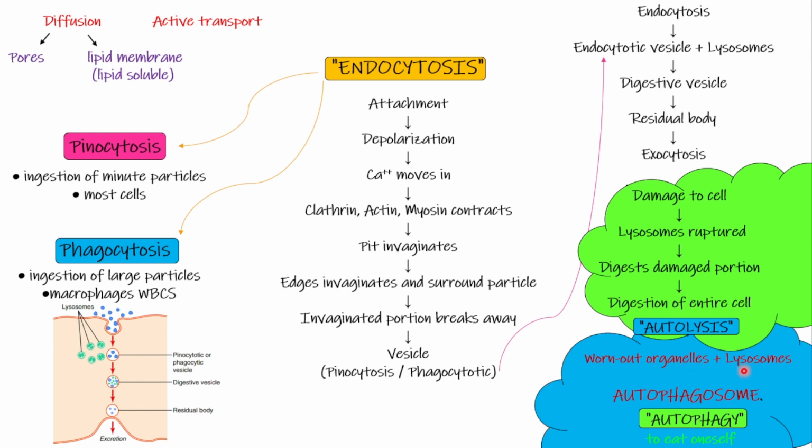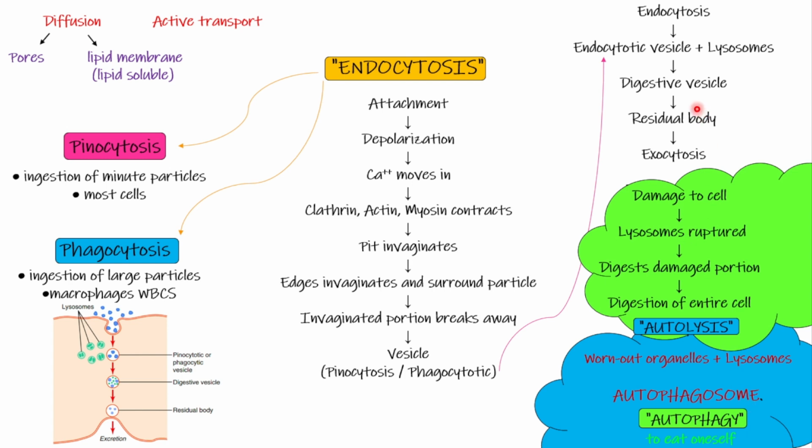So this is known as autophagy. It isn't like the whole lysosome is ruptured and all the contents of the lysosome are coming out into the cytoplasm. The lysosome eats the organelle.